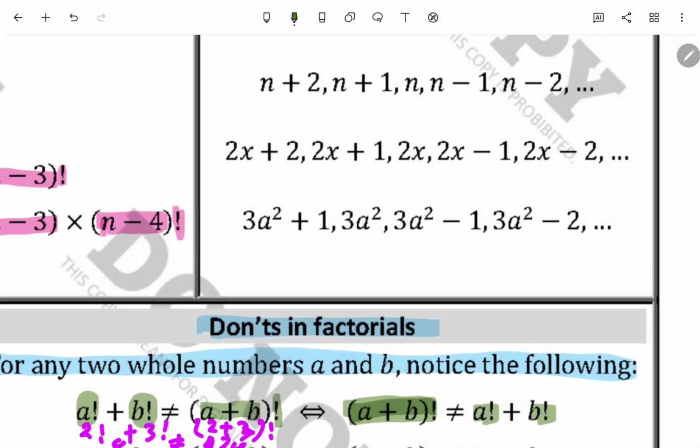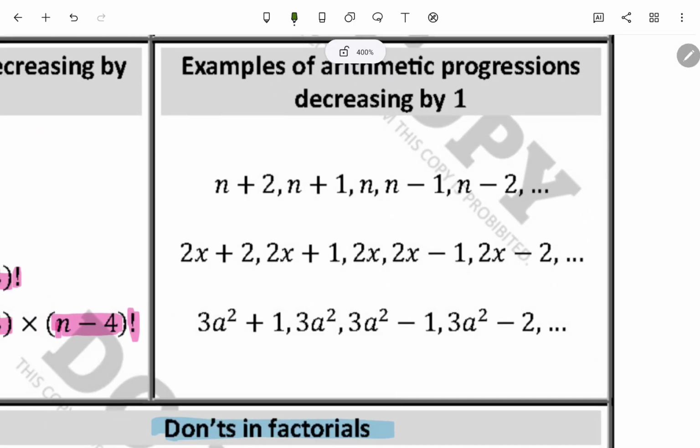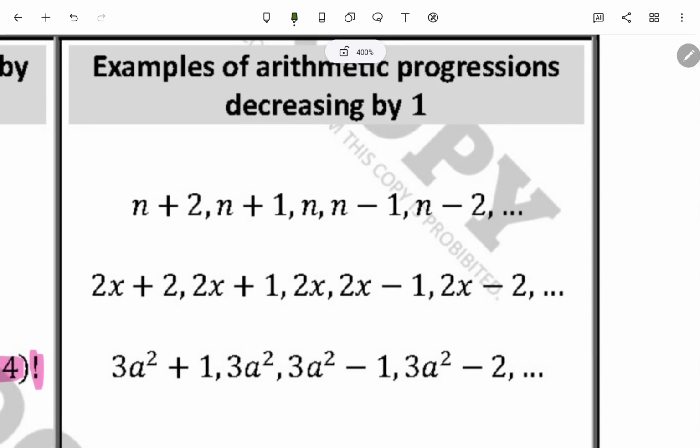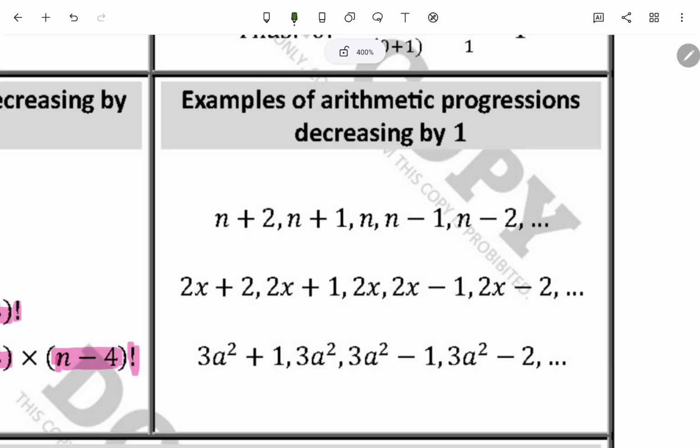The last box gives some examples of arithmetic progression decreasing by 1. For example, if you have n plus 2, what is before? n plus 1, because you have to think about 2, then 1, then 0, and that will be written as n alone, then n minus 1, then n minus 2, and go ahead.